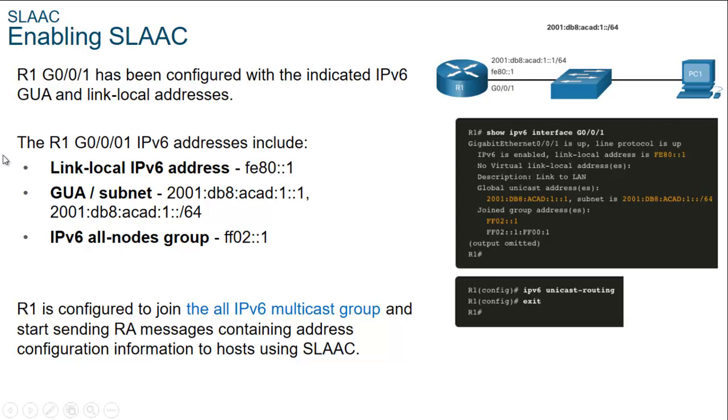The R1 G0/0/1 interface IPv6 addresses include the link-local IPv6 address, the GUA and the subnet, and the IPv6 all nodes group, which is FF02::1. R1 is configured to join the all IPv6 multicast group and start sending RA messages containing address configuration information to hosts using SLAAC.